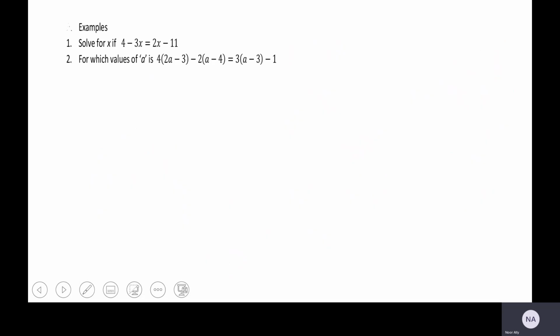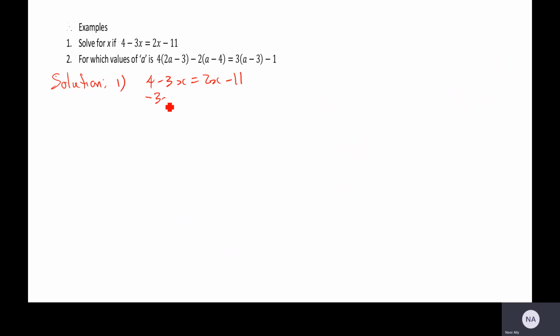So let's go through some examples, and I'm going to run through these very quickly because you are quite familiar with this. So in my solutions, number 1, solve for x. 4 minus 3x is equal to 2x minus 11, and you can decide what to do. You can bring all the x's on the left-hand side, take all the x's on the right-hand side.